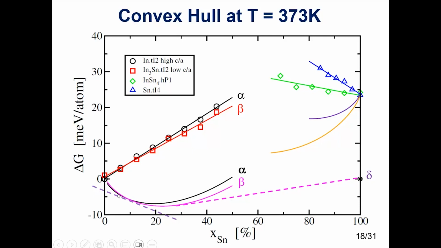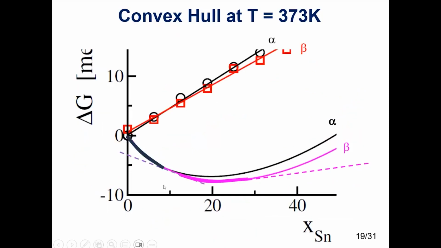But this dashed line should be touching the black curve at a point where its slope is equal to the slope at, oh yeah, here I have an enlargement. So this is the point where the slope of the black curve equals the slope of the magenta curve here. And so this dashed line is a line of double tangency.